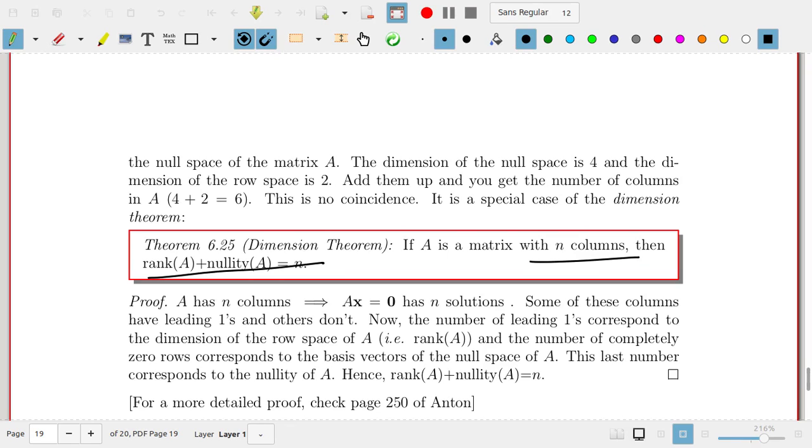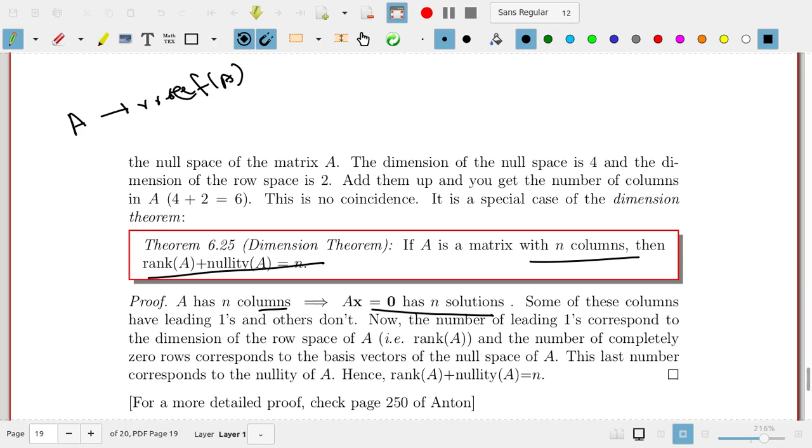Now if A has n columns, then AX equals 0 has n solutions, right? Now some of these columns have leading ones and the others don't. If you take A to the RREF of A, then some columns will have leading ones and some won't.